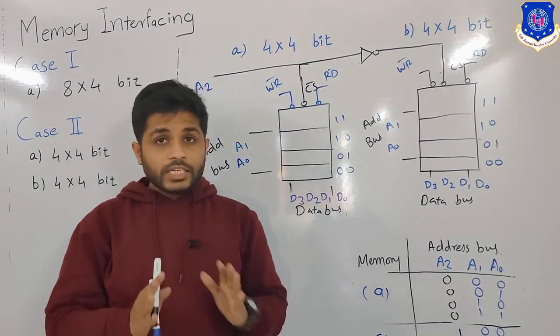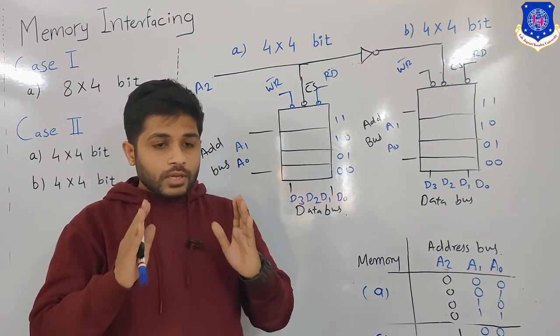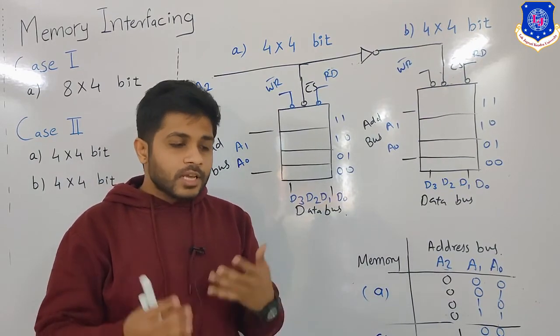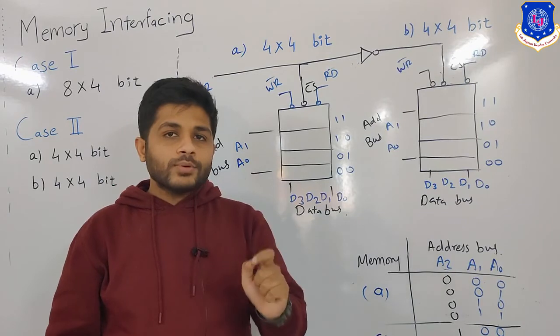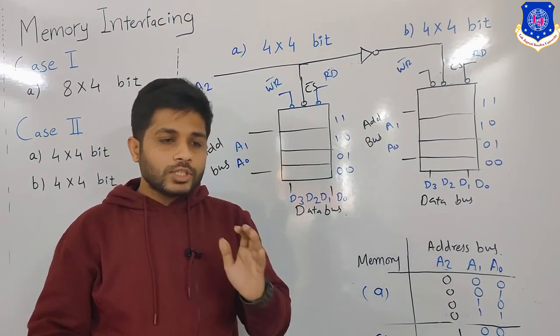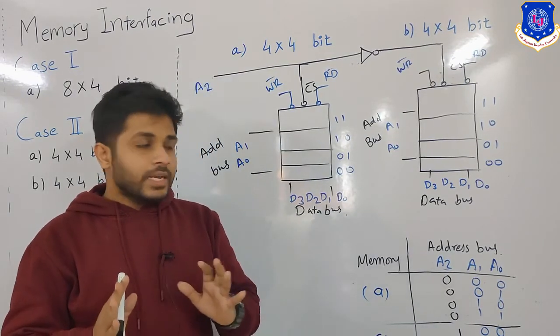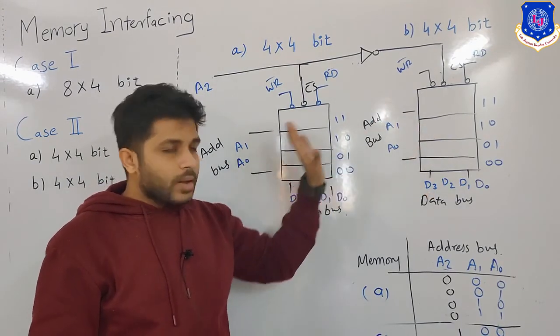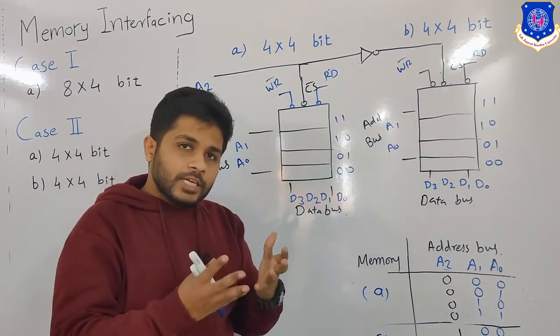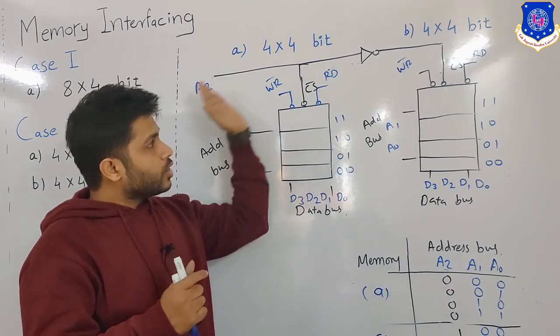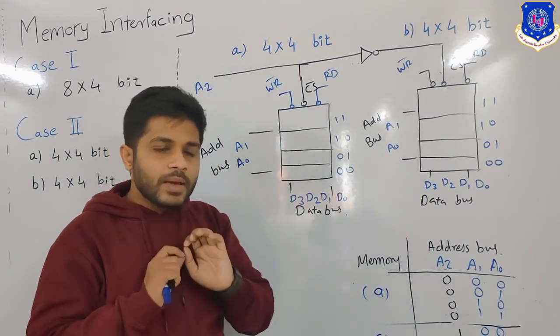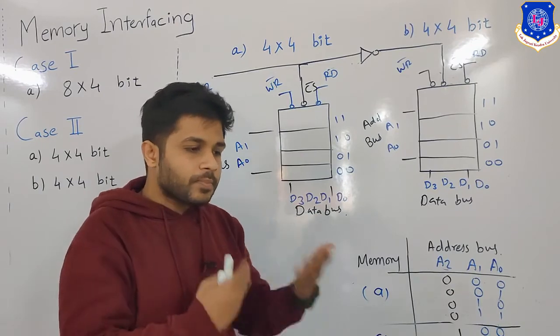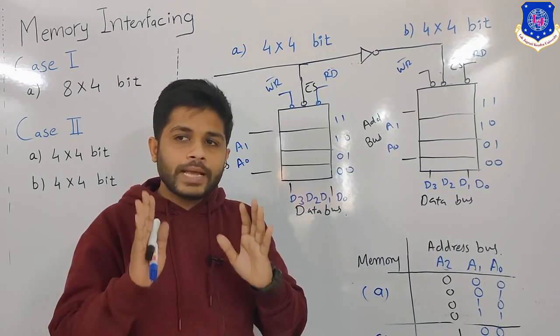So you have to understand, students, that for interfacing multiple memories, after providing the necessary address bus to the memory, the remaining address lines will be provided to the chip select. In every memory interfacing question, in the upcoming sessions we will solve some examples.